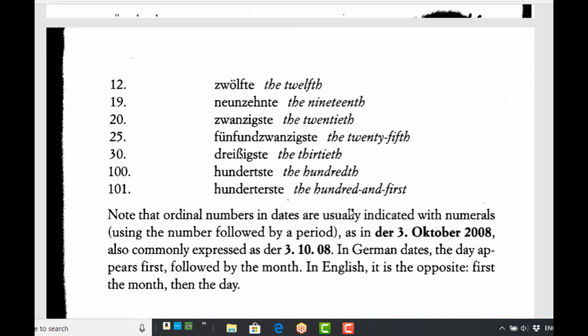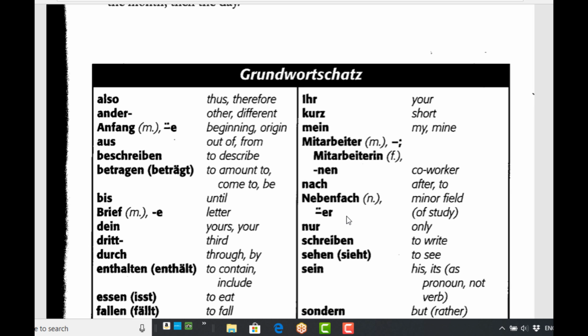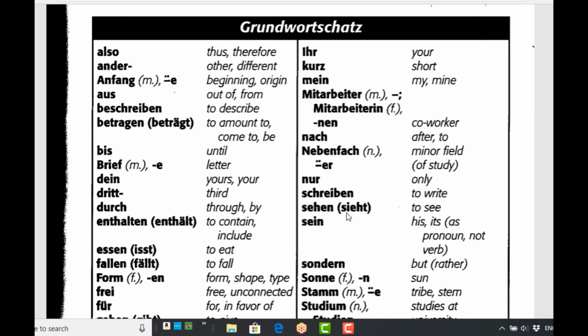Okay, let's see. With the vocabulary, we'd like to peruse through these and see which ones have similarities to English and where there are some connections. What would you say about also, Matthew?